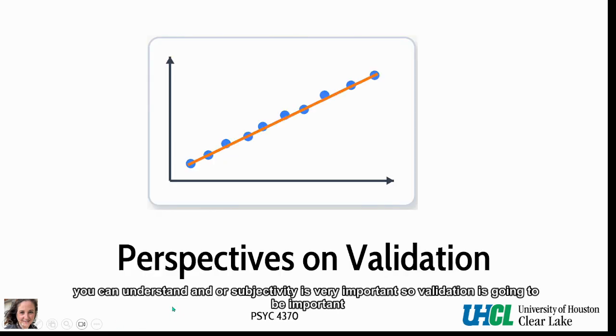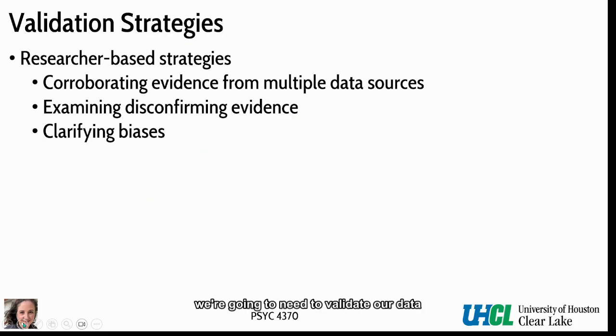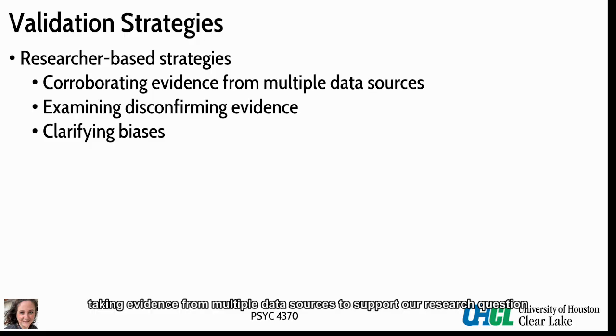You can understand how subjectivity is very important, so validation is going to be important with qualitative research as well. We're going to need to validate our data. There are different strategies we can use. For example, research-based validation strategies are going to focus on taking evidence from multiple data sources to support our research question.